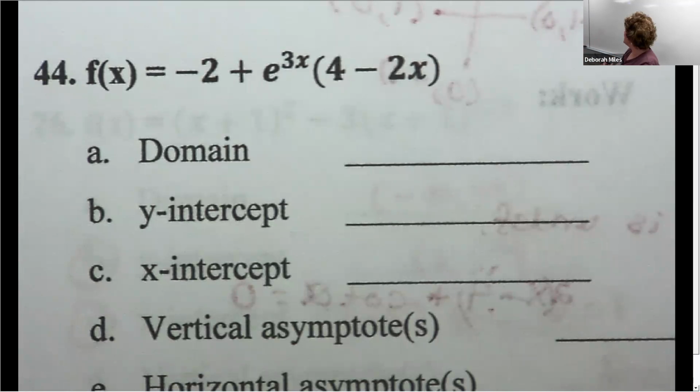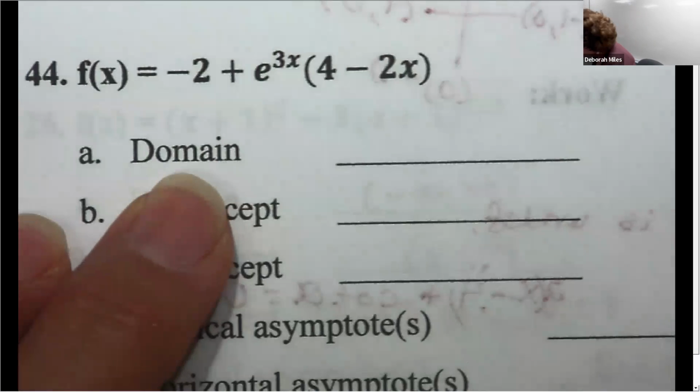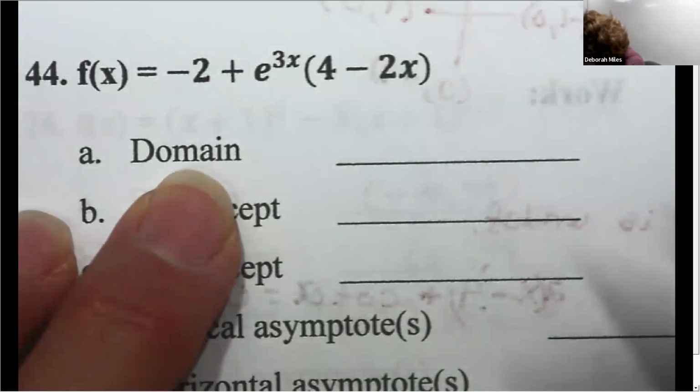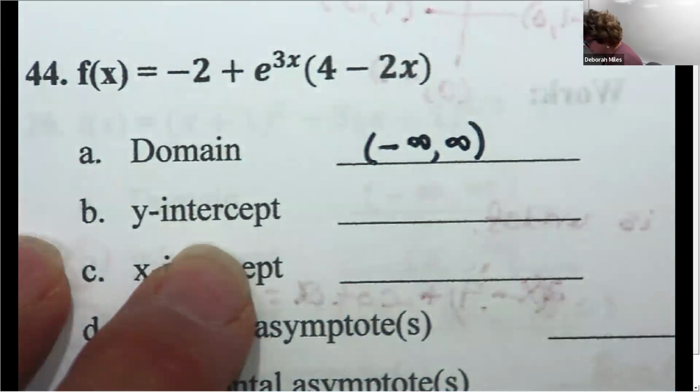All right, what's the domain of the natural exponential function? You can let x be anything. You can raise e to any power. e is just a number, not quite 3. So what's the domain of f of x in number 44? Yeah, you can let x be anything from -infinity to infinity. And then how do you find y-intercepts?